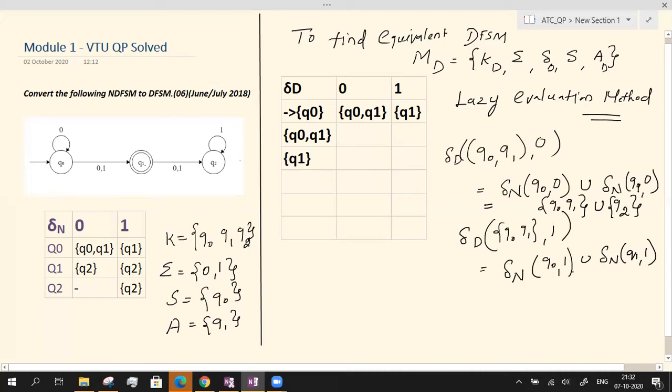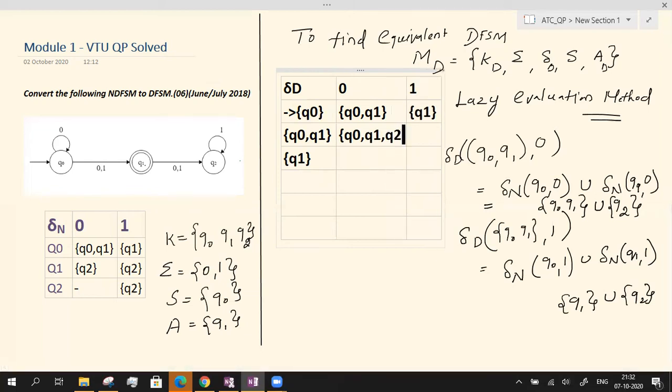Similarly, Q0 on 1, if I refer to the NFSM transition table, it is Q1 from the state Q0 on 1. From Q1 on 1, it is Q2. So let me update that here. So on reading 0, it is {Q0, Q1, Q2}.